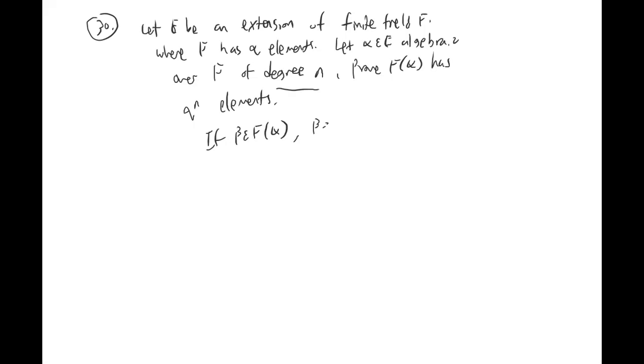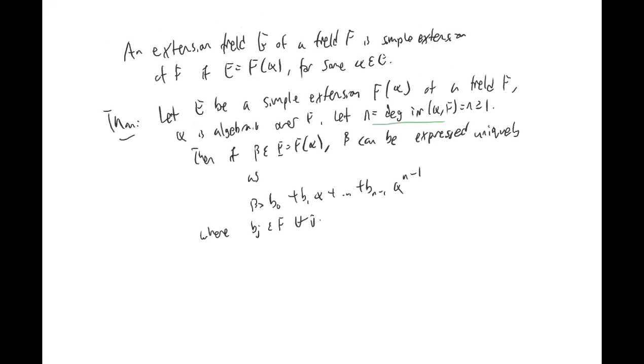Should I go back to the theorem? What does this say? No. If beta is in F of alpha, how can beta be expressed? It's algebraic, right? The problem tells you it's algebraic, so you're not in the transcendental case.